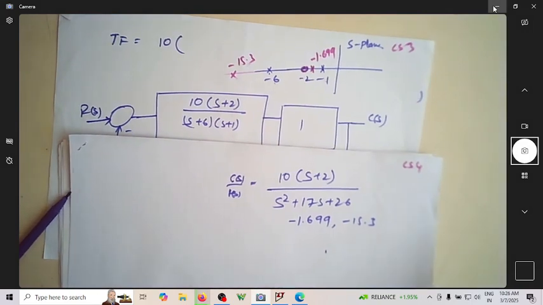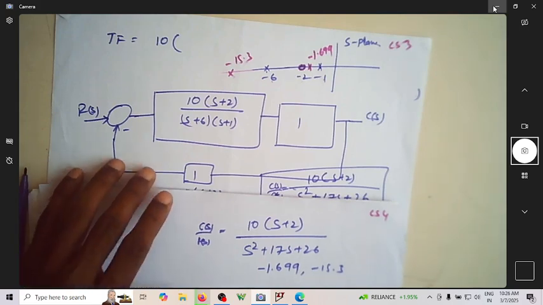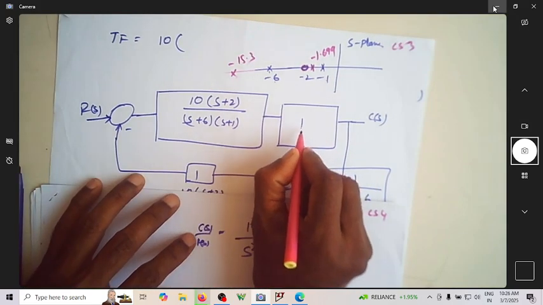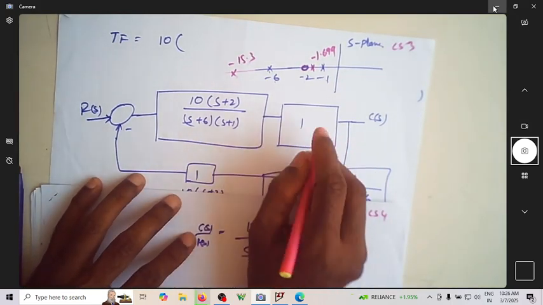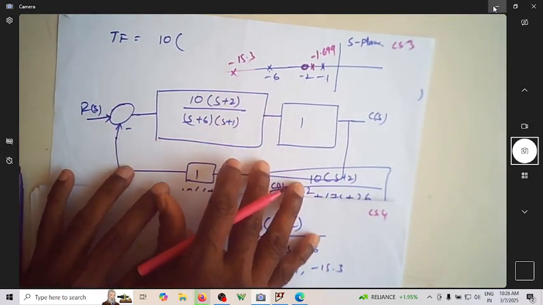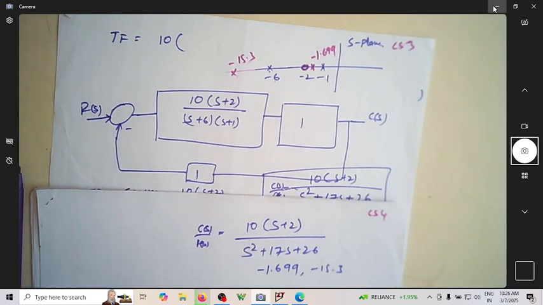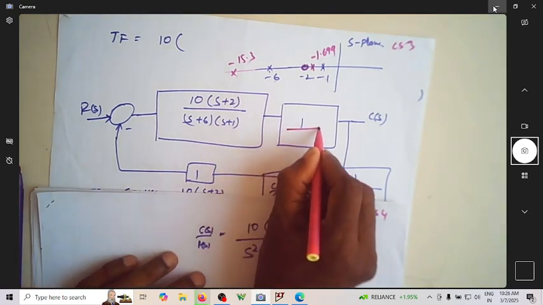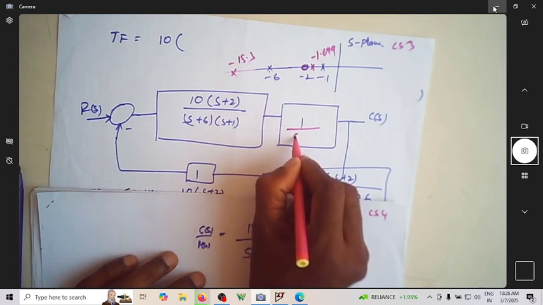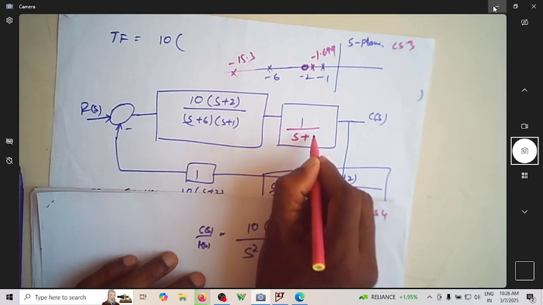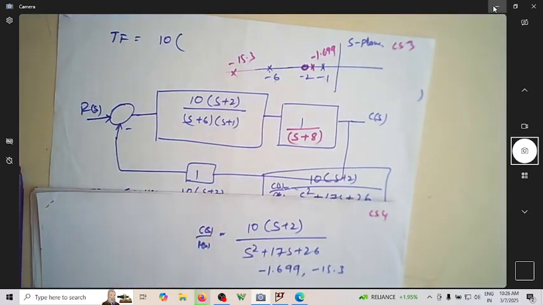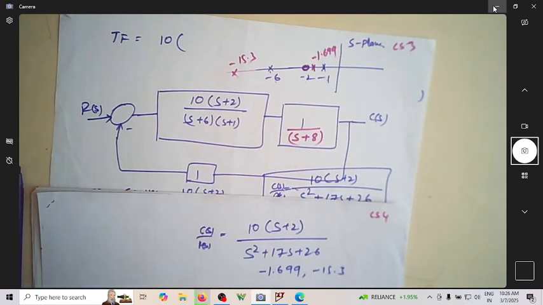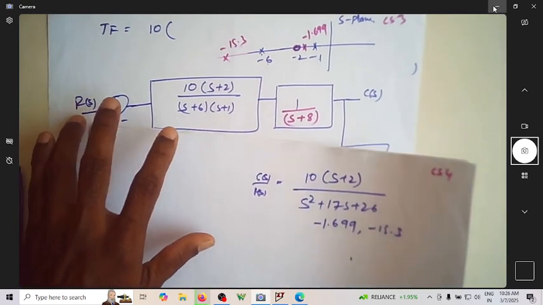Now let us try to add a pole and see what the effect of it is. This was your original transfer function. Now we will see the effect of adding a pole or zero onto the transfer function. If I add a pole at s plus 8, what happens to the overall thing?